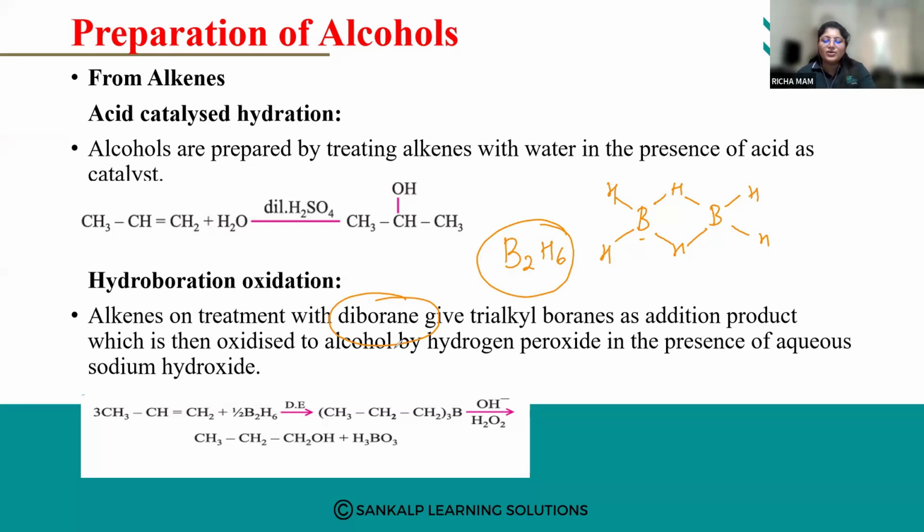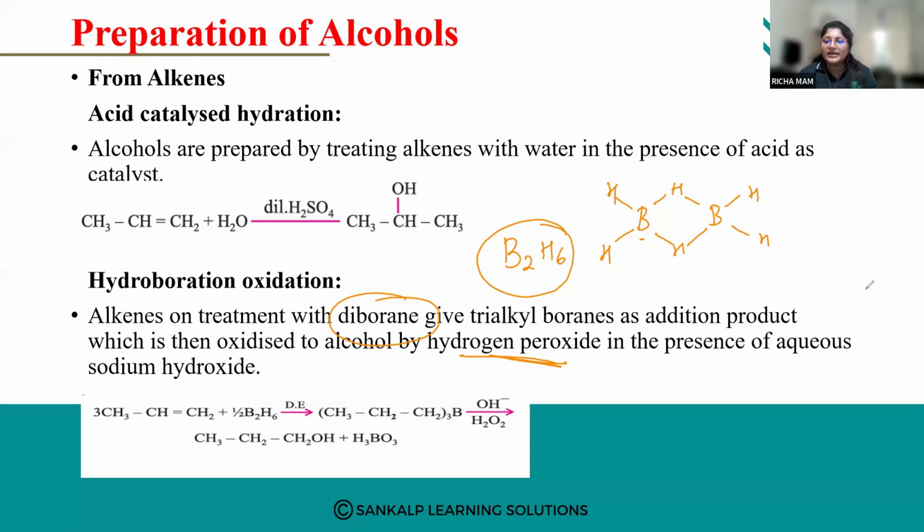The hydrogens are going to be replaced with the borane. At last, we are going to use hydrogen peroxide in the presence of sodium hydroxide. We are going to get the alcohol.